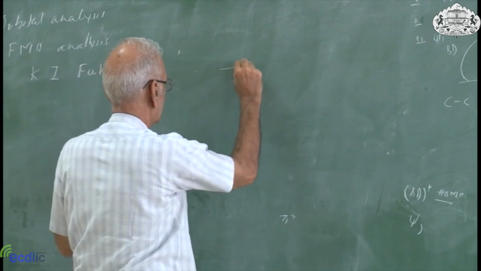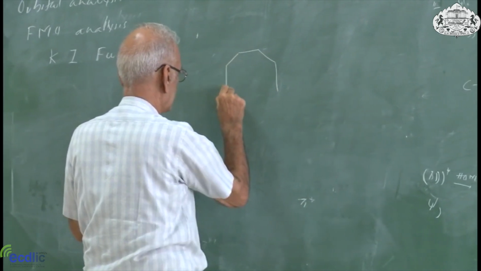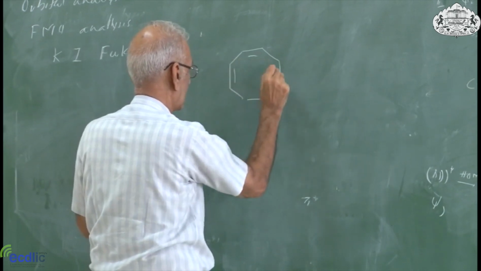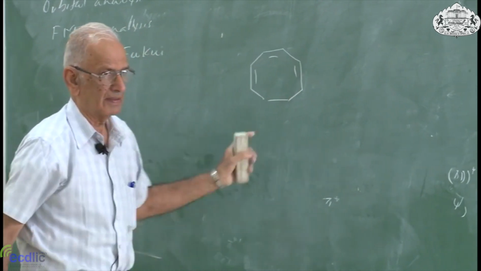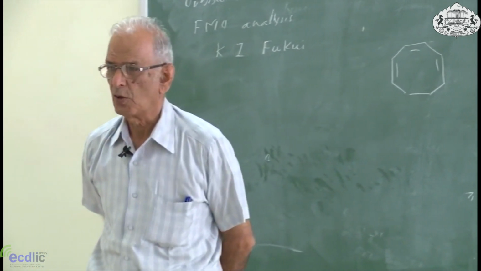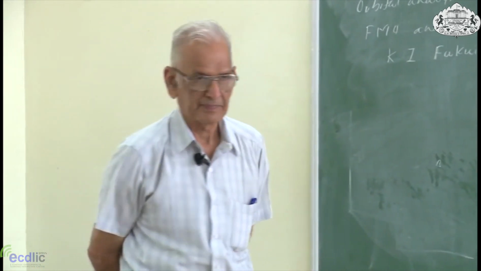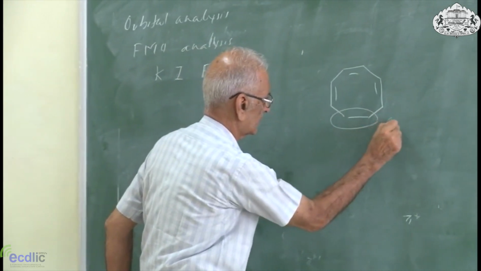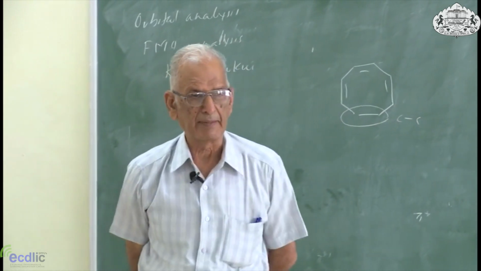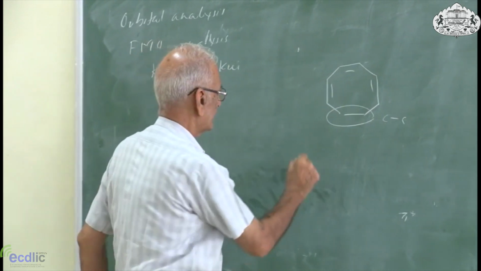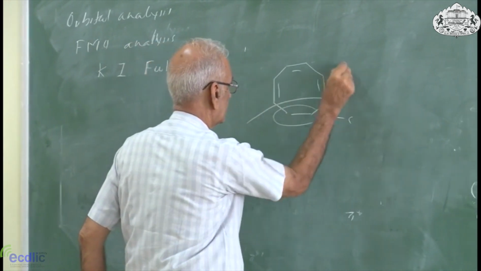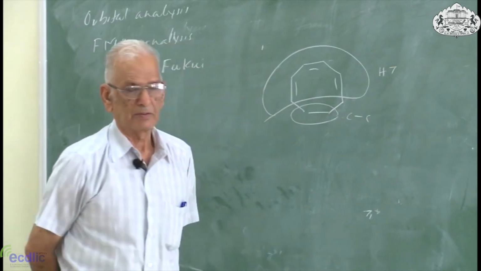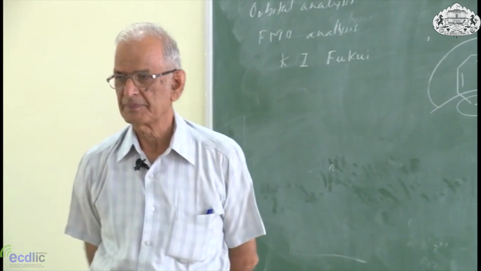Let's look at our final example. Cyclooctatriene. What are the components? Carbon-carbon bond. What is this component?